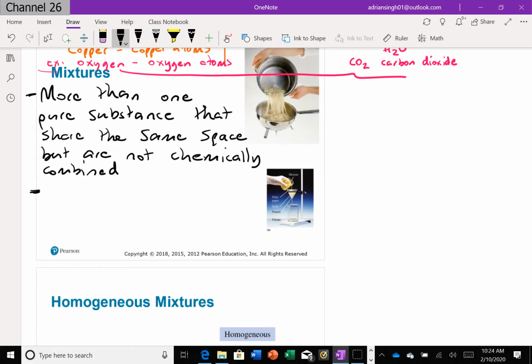Right, so we have two or more pure substances that are just around each other. They're not chemically linked together.